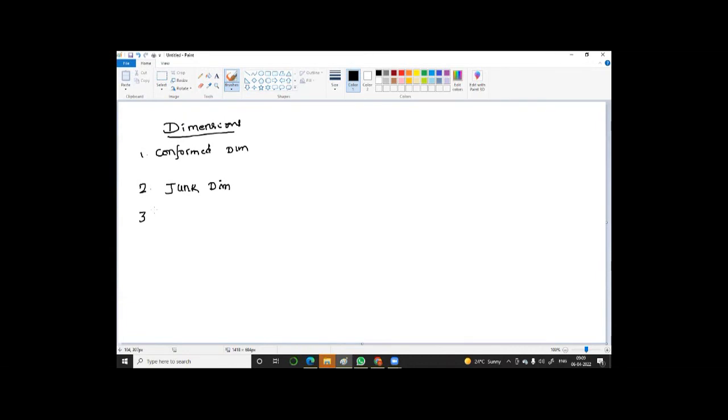The third one is the degenerate dimension. The fourth is the role-playing dimension. After that, there is another concept, SCDs, slowly changing dimensions.